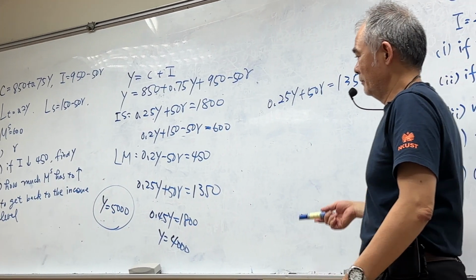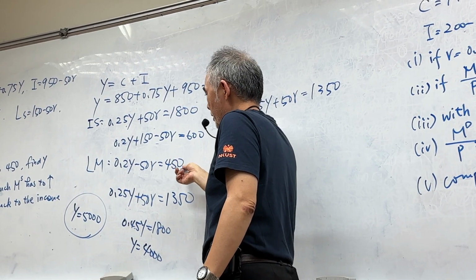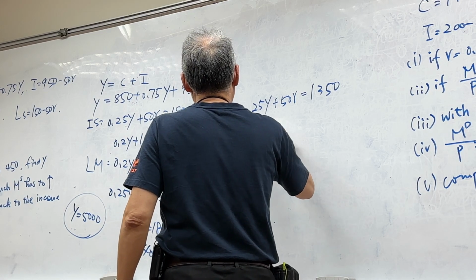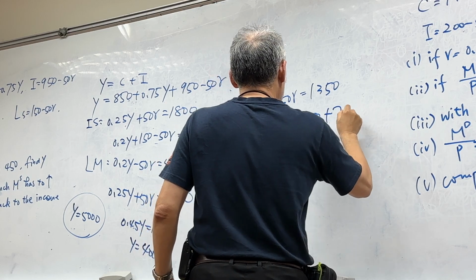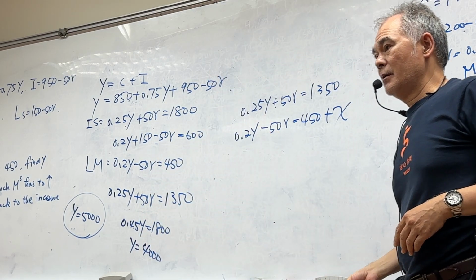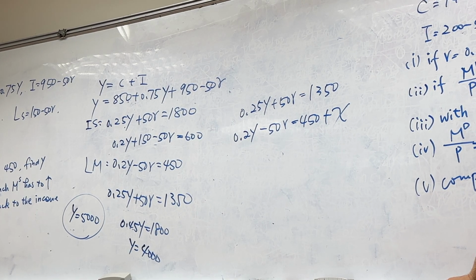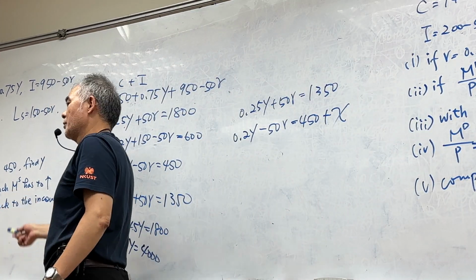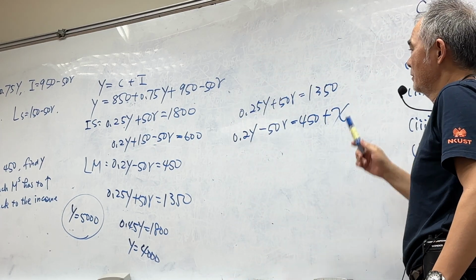And now this is the LM curve: 0.2Y minus 50R is equal to 450 plus X. What is X? X is the money supply you have to increase. That's the question for you. So we want to find out what this is.